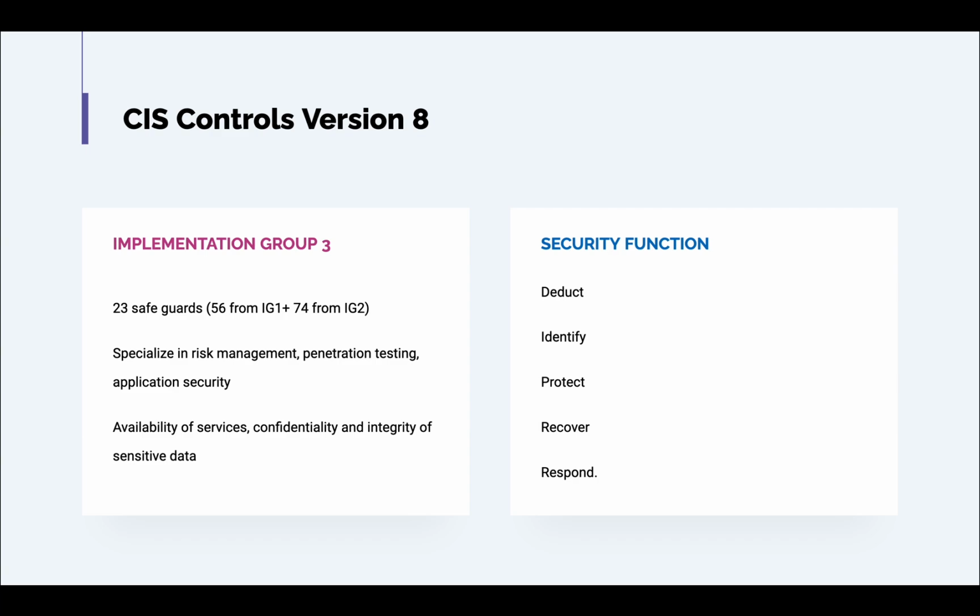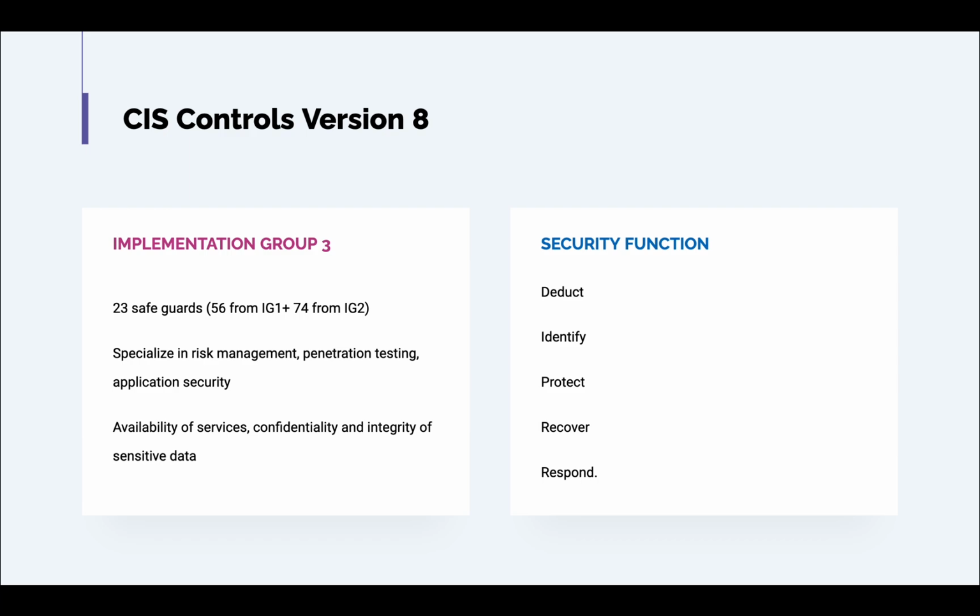An implementation group 3 enterprise commonly employs security experts that specialize in the different facets of cybersecurity, for example, risk management, penetration testing, and application security. Implementation group 3 assets and data contain sensitive information or functions that are subject to regulatory and compliance oversight.